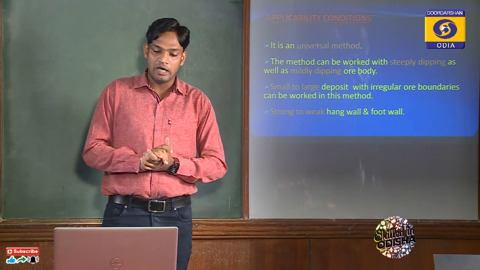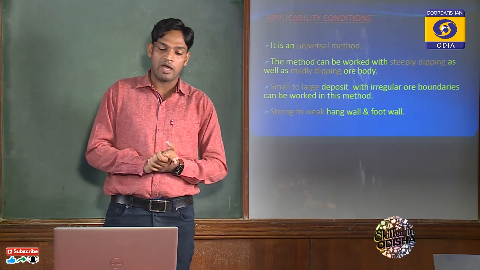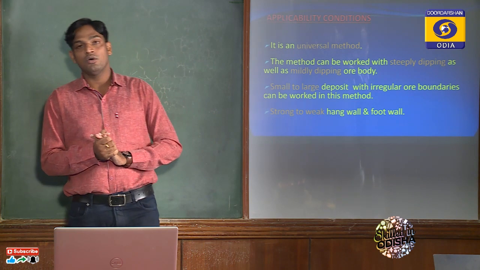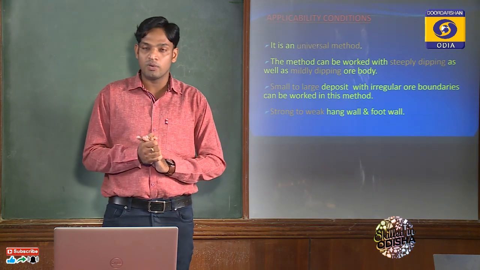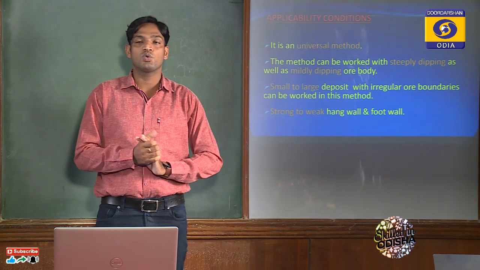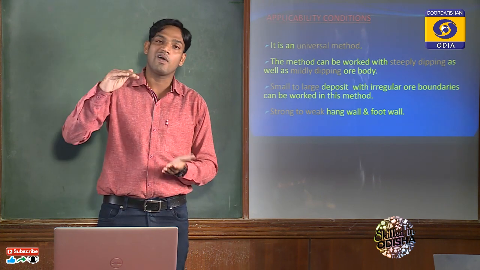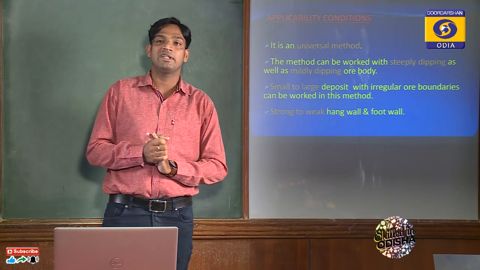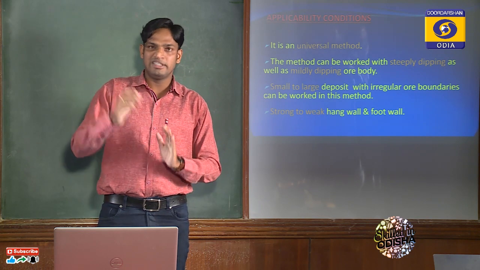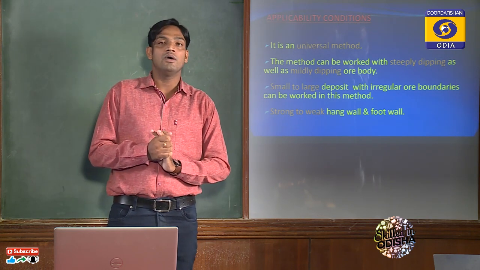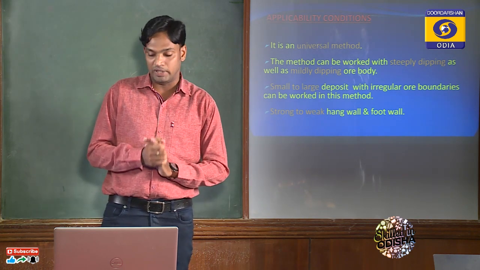That's why it is applicable to strong and weak hang wall and footwall. That means if the hang wall or footwall get into the stope, before that we have already filled with the fill material. That's why these filling materials will support the hang wall and footwall.